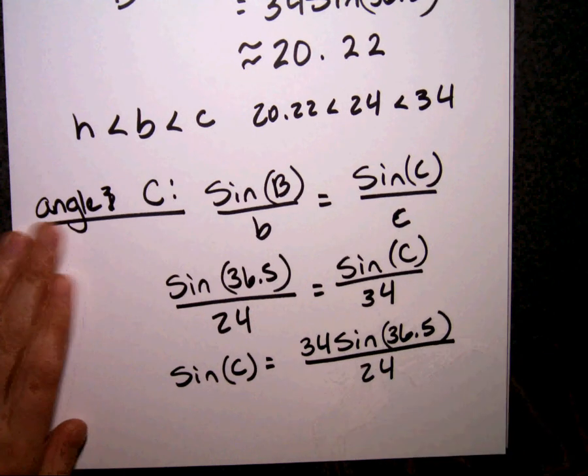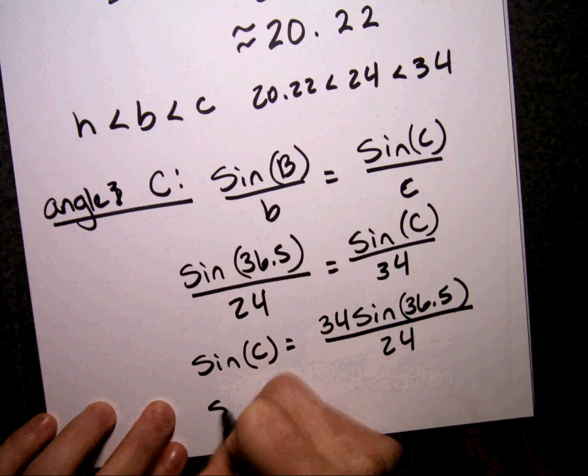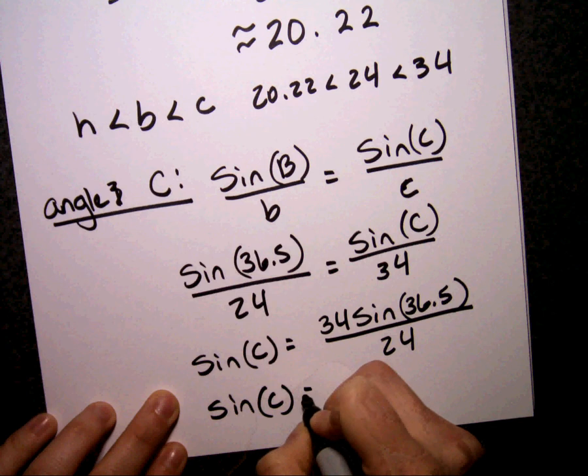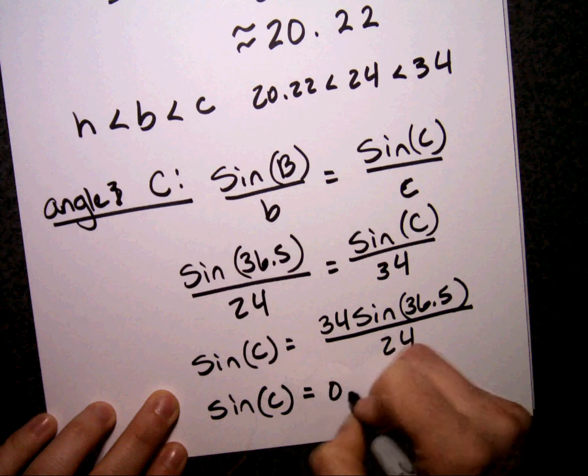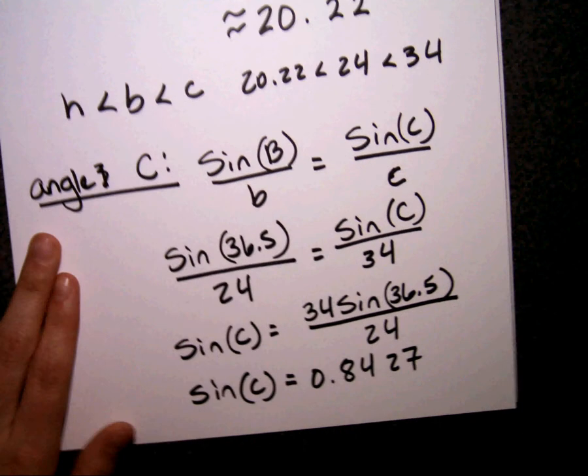Now I'll figure out what that is. So 34 sine of 36.5 divided by 24 gives me sine of C is approximately 0.8427-ish. I don't like rounding very much.